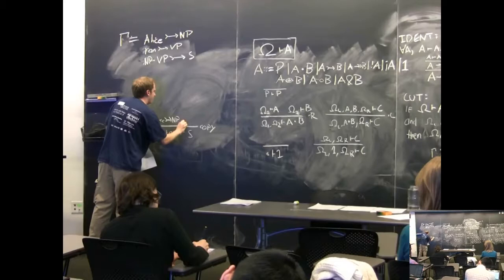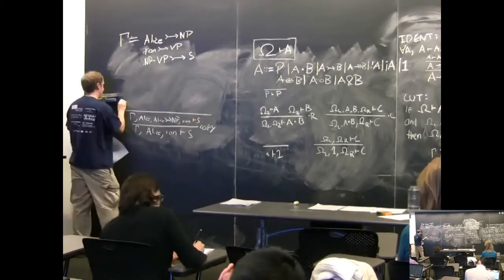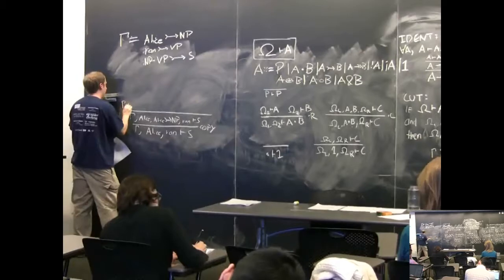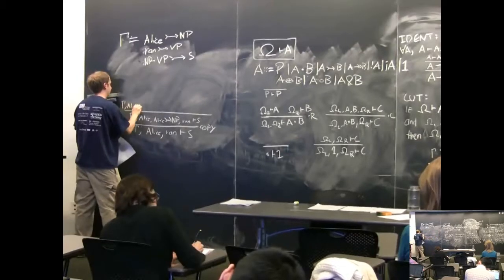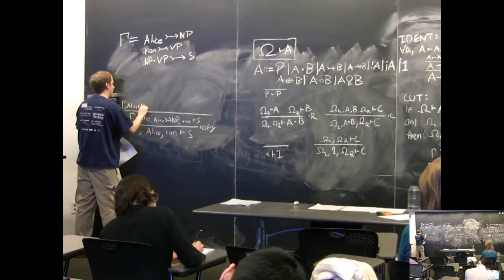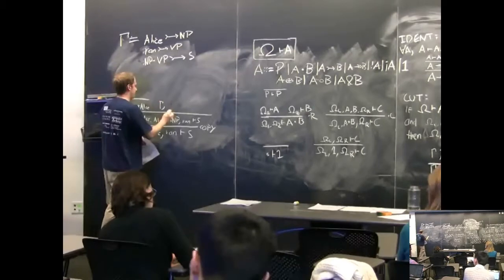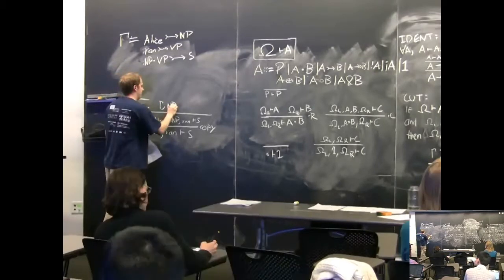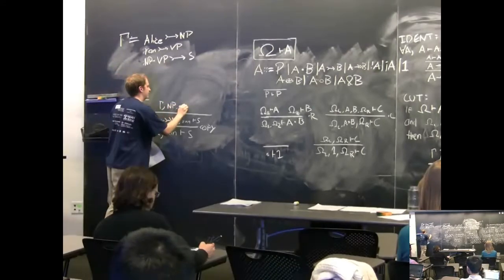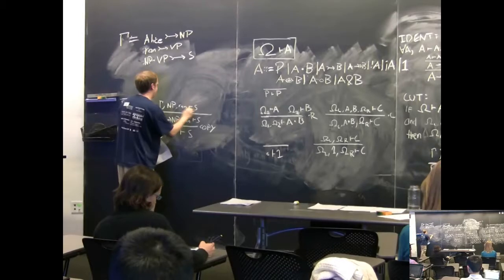Ran proves sentence. And Alice is an initial rule. And then gamma, noun phrase, ran. Did I get that right?